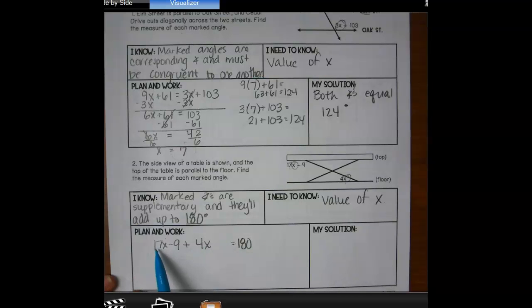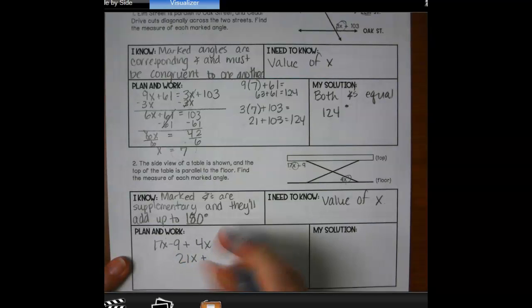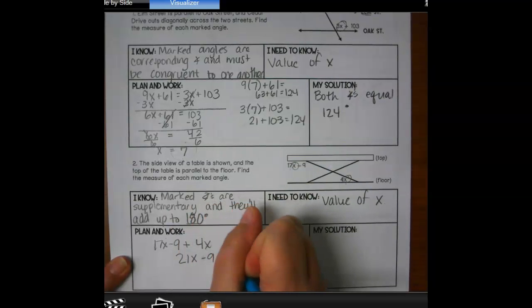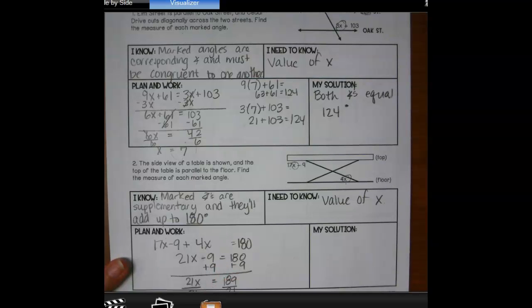We need to combine like terms. 17x and 4x make 21x minus 9 equals 180. I need to put all my numbers on one side. So I have 21x equals 189. We're going to divide both sides. x equals 9.